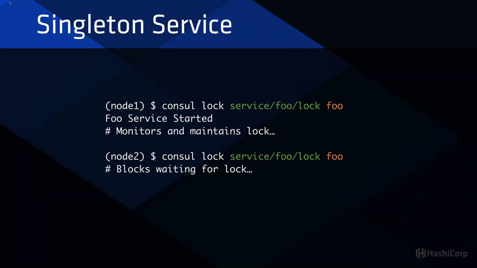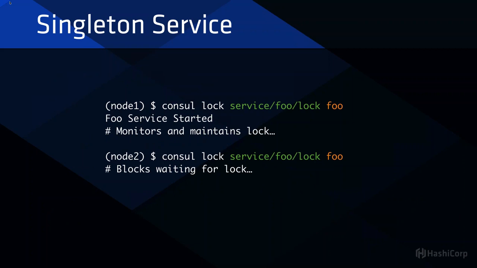So this foo is basically an executable you want to run. The service foo lock is a path in your KV store that these different instances will use to coordinate. And Consul lock is a built-in CLI command for Consul that will do the setup of the lock. It'll manage getting the lock and making sure you have it before it executes a process.